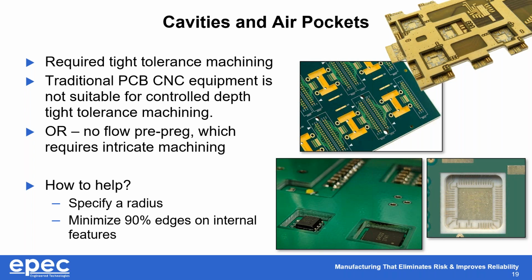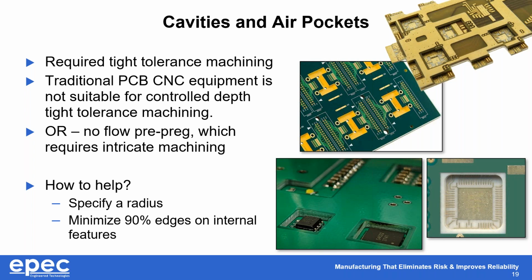So how can customers help us? Number one, you've got to remember that traditional printed circuit board CNC equipment is really not suitable for tight tolerance machining. What do we mean by that? When you look at these two on the top, you're going to see 90-degree edges on internal features. With traditional printed circuit board CNC equipment, it's very difficult, if not impossible, to get to those 90-degree features.